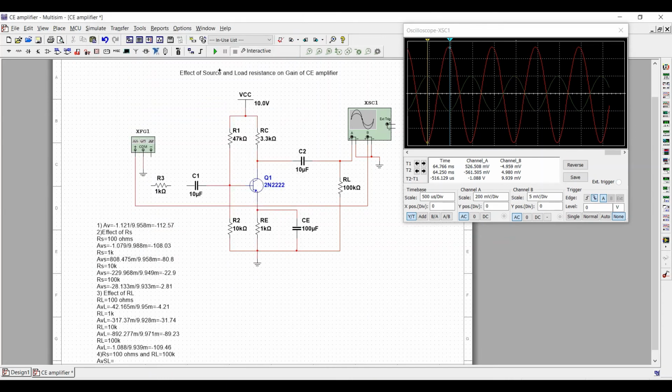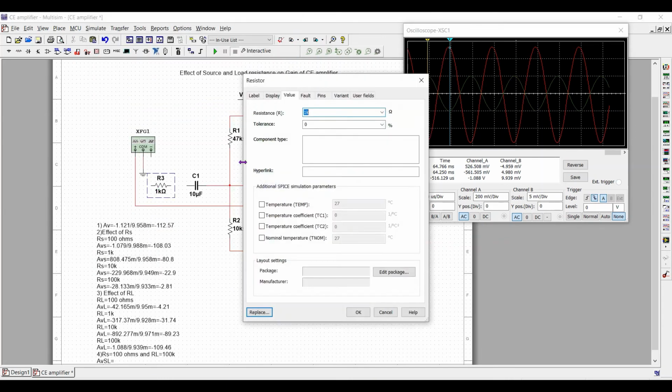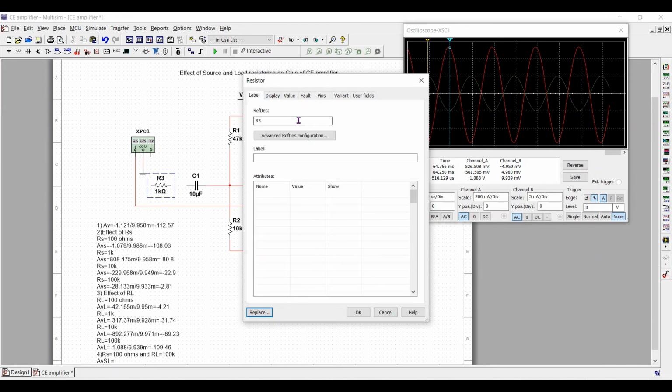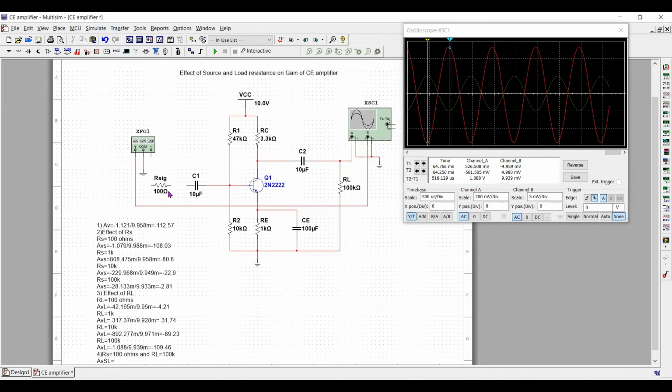Let's give it a notation. Its value, we are taking it to be 100 ohms. Its labeling is R signal. Okay. To the connections connected to the input B terminal, let's change the segment color to green.